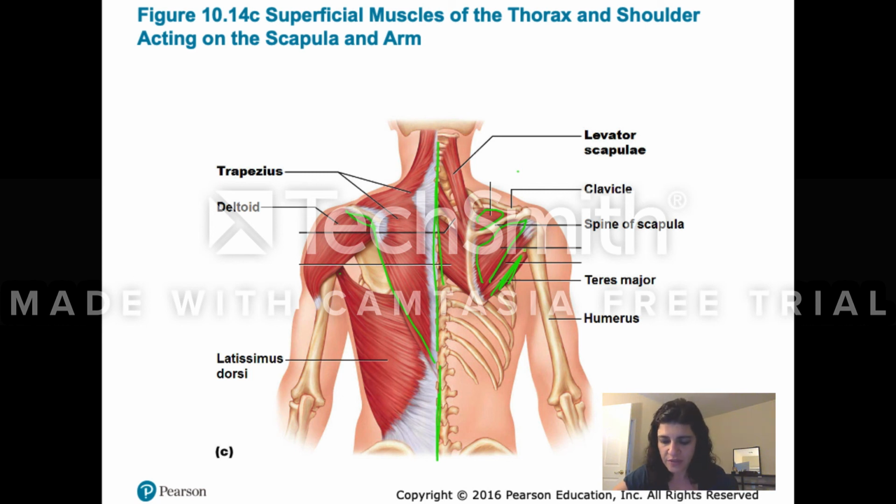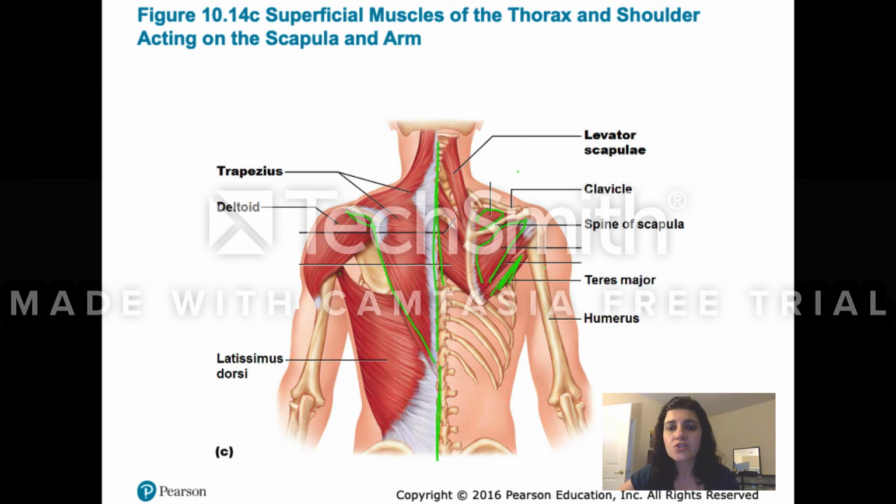And then you have the subscapularis, which is in the anterior part of the scapula and connects to where the serratus anterior attaches, right? Remember the subscapular fossa? That's where the subscapularis is attached.